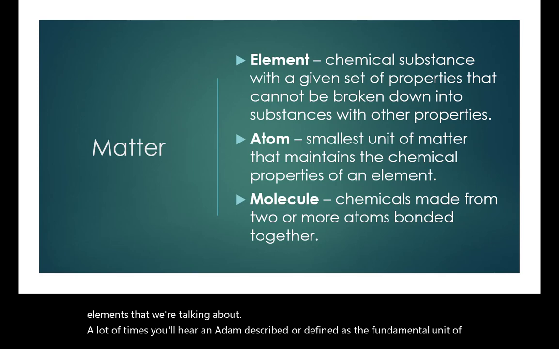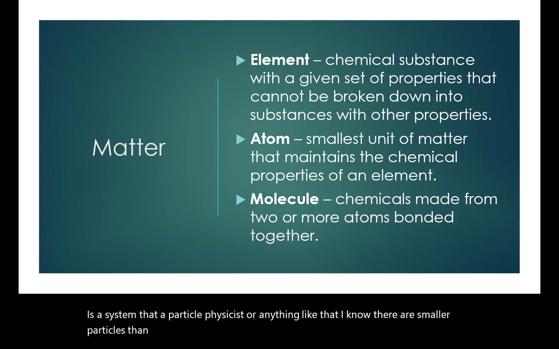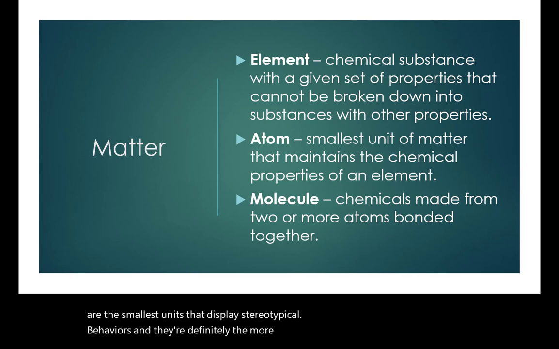I'm no physicist, I'm not a particle physicist or anything like that. I know there are smaller particles than atoms, but atoms, such as a carbon atom or a hydrogen atom, these are the smallest units that display stereotypical behaviors. And they're definitely the more useful to biologists and chemists, right?